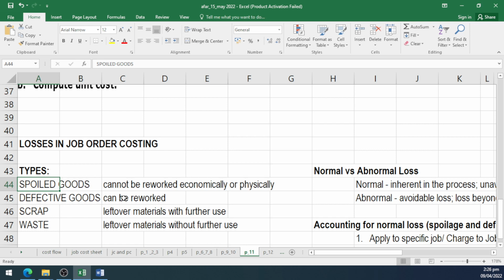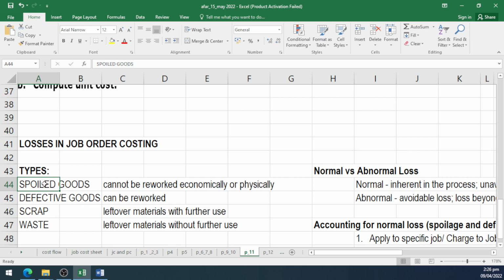Ang defective goods naman can be reworked. At kung yan ay marirework, gagastos ka ng panibago dyan. So, ano ang loss natin sa spoiled? Hindi natin mare-recover yung cost na na-incur na. Hindi natin mare-recover lahat. Kung mayroong salvage value yung spoiled goods, set up mo spoiled goods inventory.